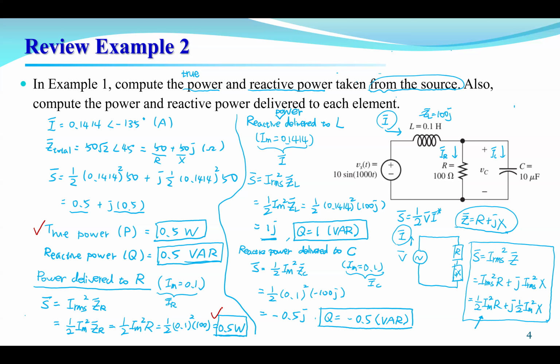And the reactive power given by the source equals these two combined, right? So it's energy conservation. Whether it is true power or reactive power, what is delivered from the source equals the true power and reactive power consumed by the load. Okay, this is example number 2.